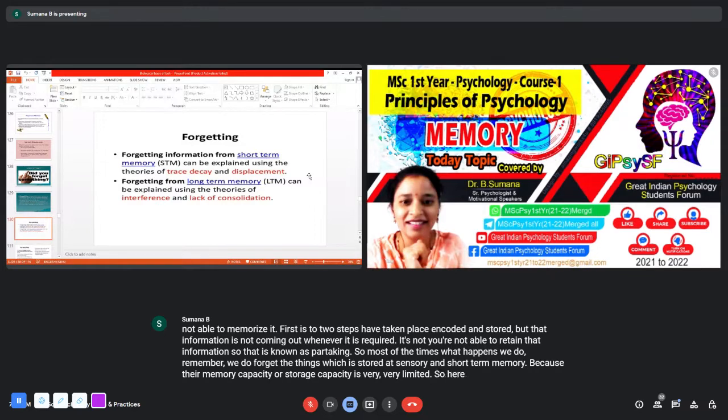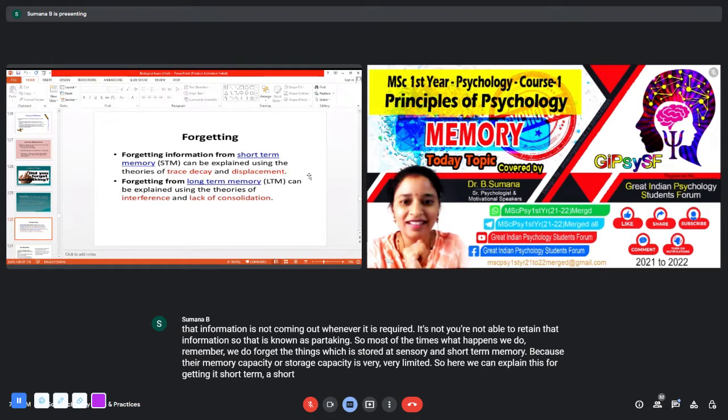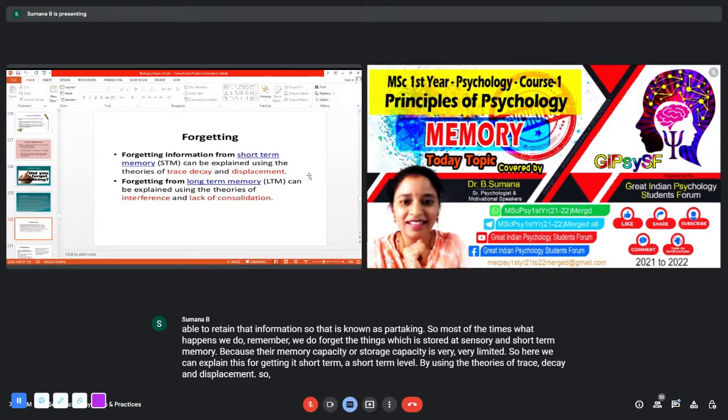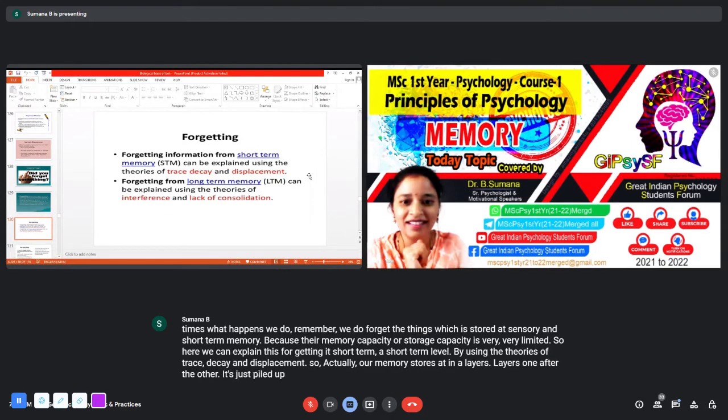So here we can explain forgetting at the short term level by using the theories of trace decay and displacement. Actually our memory stores in layers, one after the other. It's just piled up. Whenever you are learning or acquiring some knowledge, that will be formed as a layer.